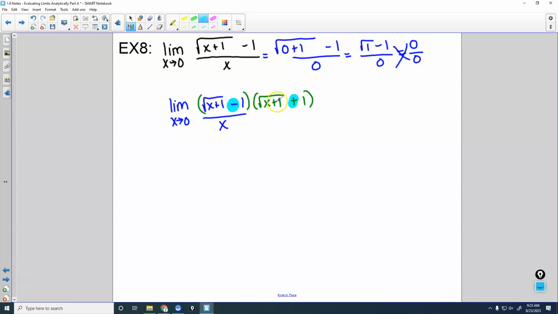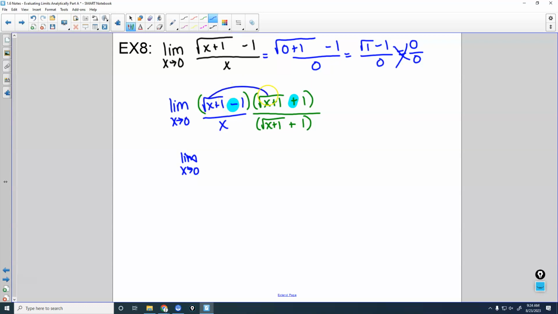Don't change the one underneath the square root. It stays the same. And then make sure, if I do that, I also have to multiply the denominator by that as well. All right, so on these problems, every time you're writing that limit notation, don't get lazy about it.